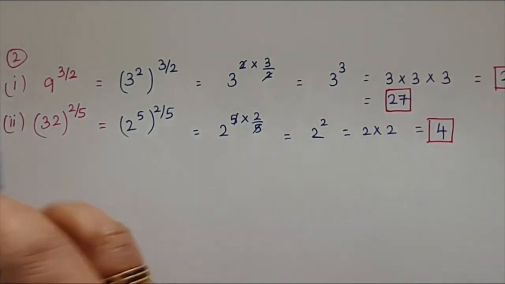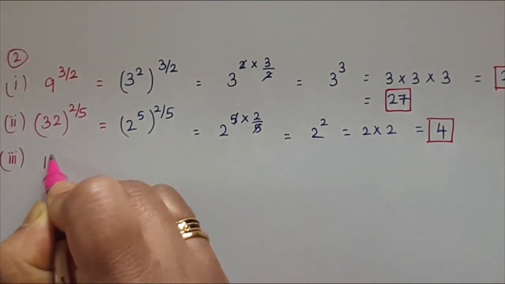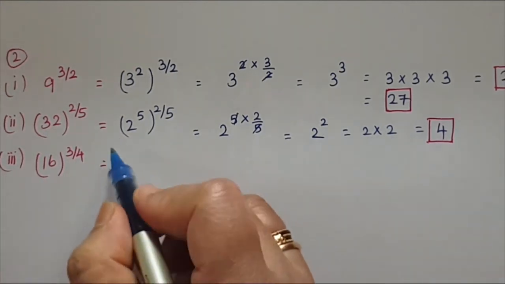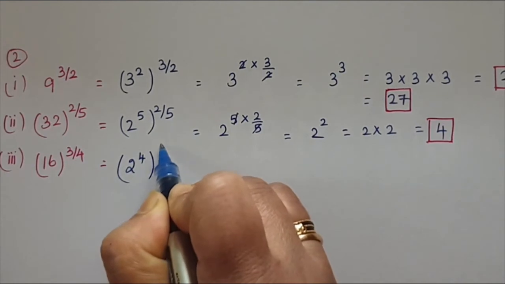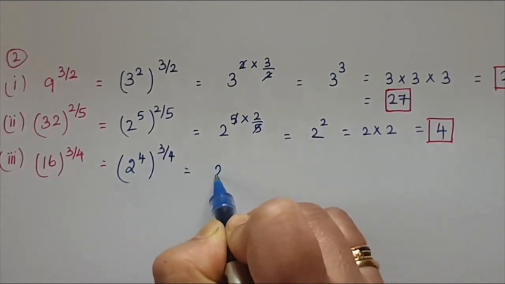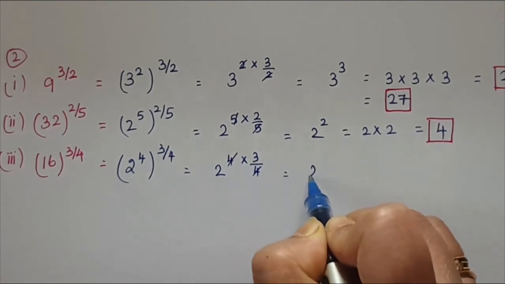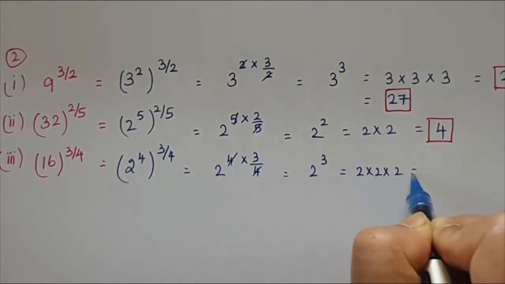Next, third part, 16 power 3 by 4. 16 can be written as 2 power 4 the whole power 3 by 4. So 2 power 4 into 3 by 4, 4 get cancelled, 2 cube. So 2 into 2 into 2 equal to 8.